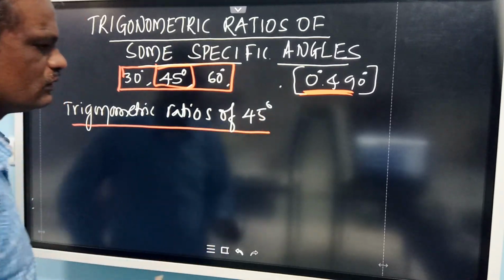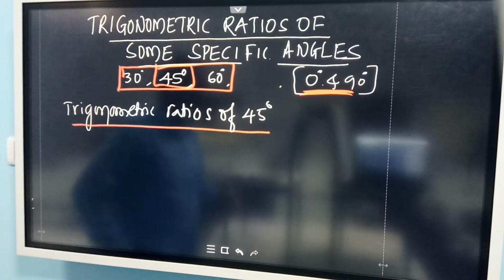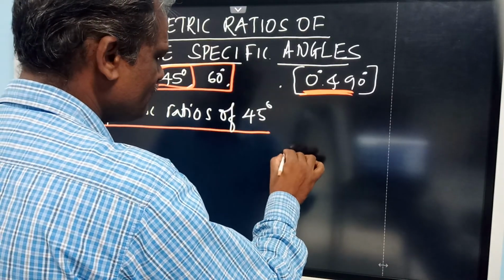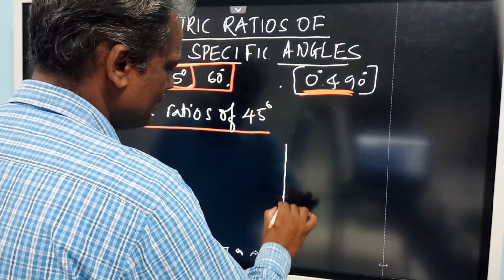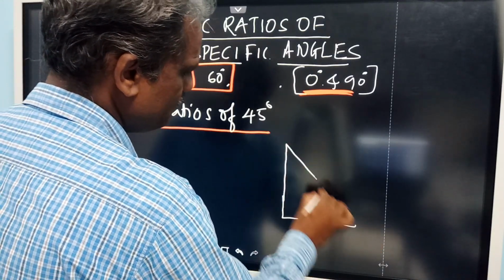So now you can consider one triangle which is an isosceles right triangle. Let us take a triangle ABC.